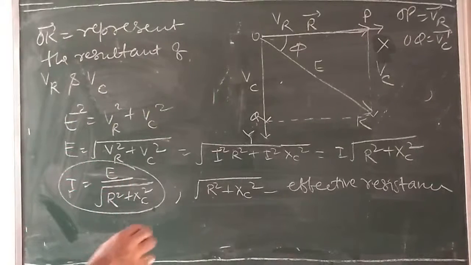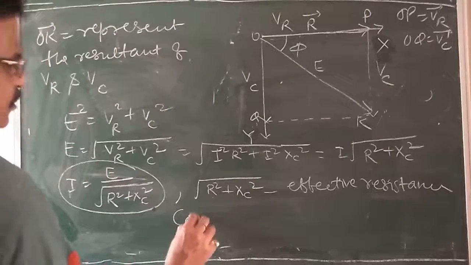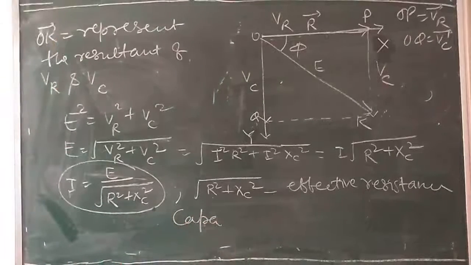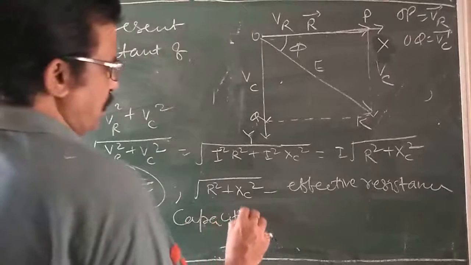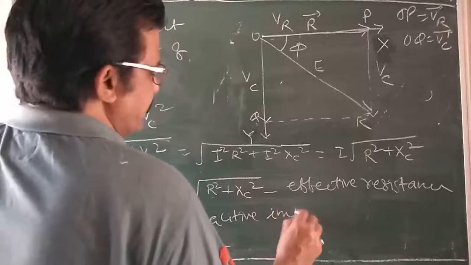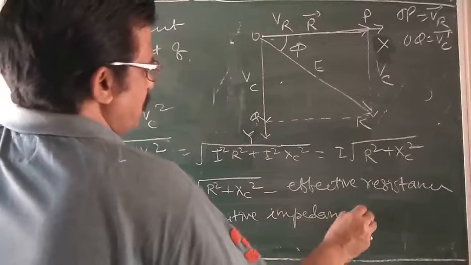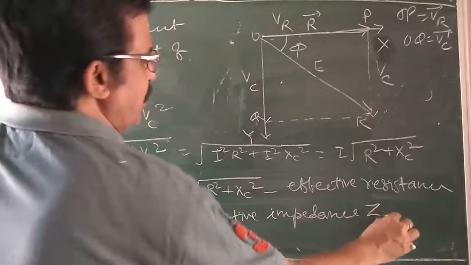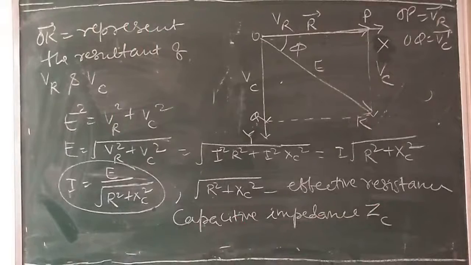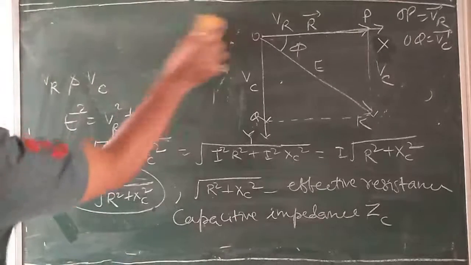It is called capacitive impedance. So we can write here ZC. ZC represents here under root of R square plus XC square.